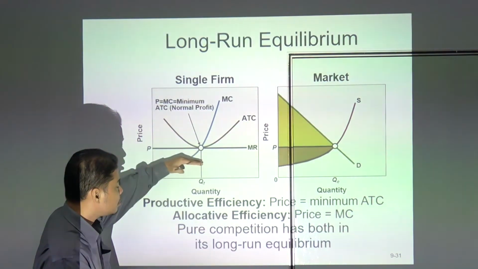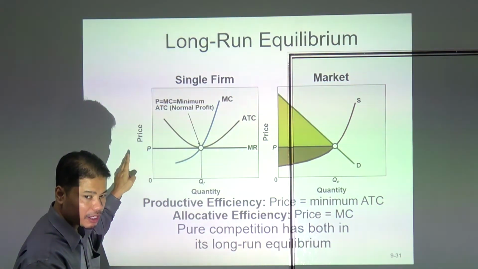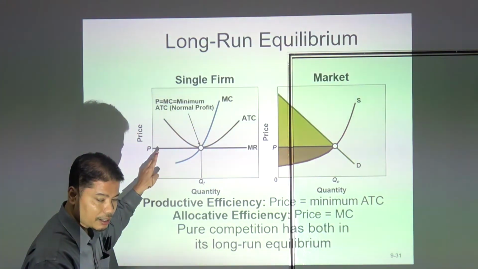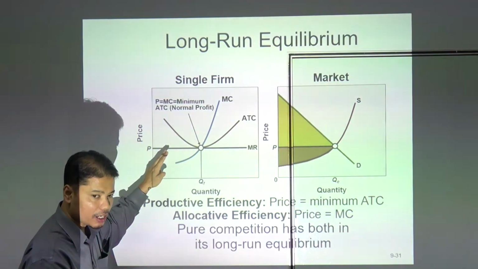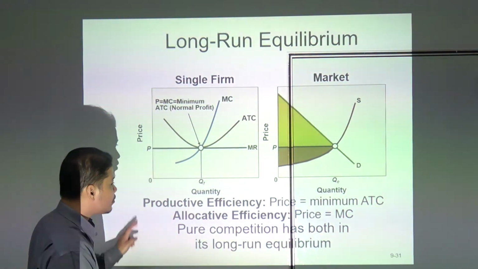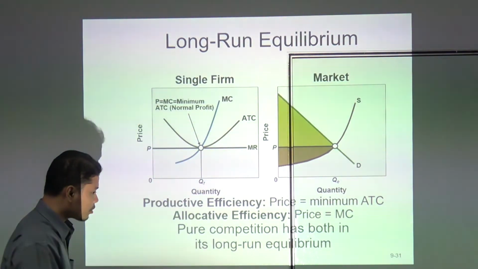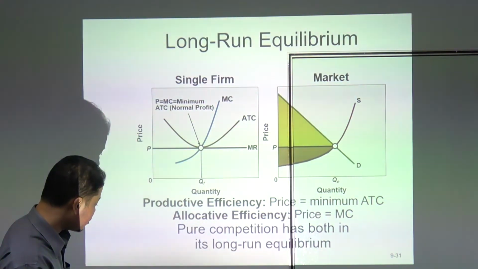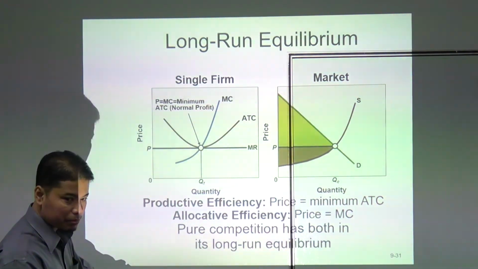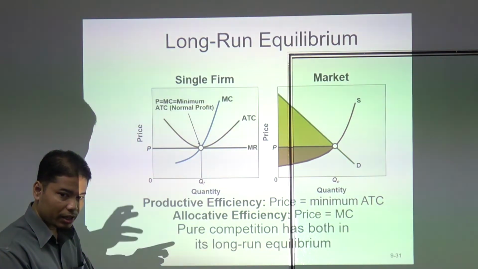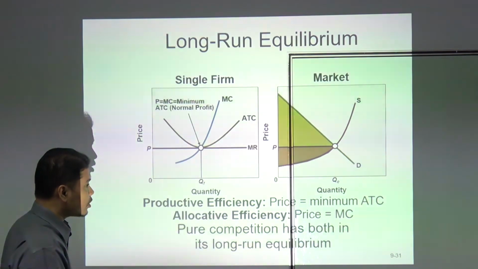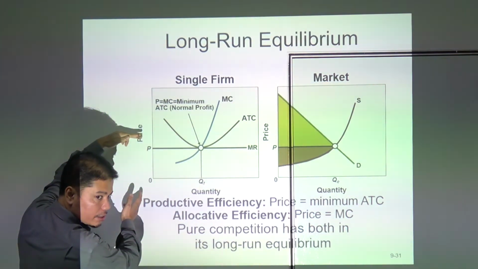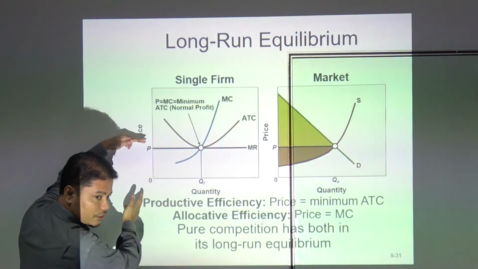Secondly, the price here can be used as a proxy of marginal benefit. How much you are willing to pay for a product represents the value or the benefit of the product to you as a consumer. And then you have the marginal cost curve here. For the long-run equilibrium position of the firm, the price equals minimum ATC and equals MC. Remember marginal benefit and marginal cost analysis. If the marginal benefit is above marginal cost, then we should produce more in order to maximize total benefits.